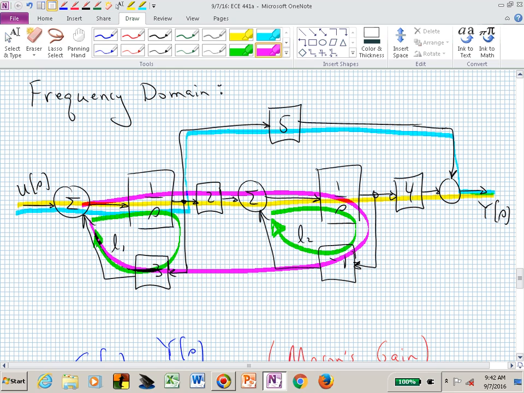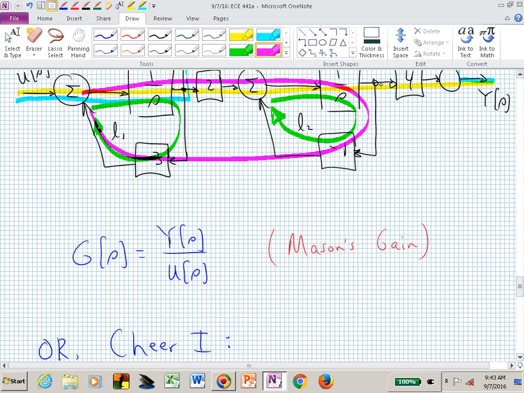But loop 1 and loop 2 do not touch. Meaning if I had a path that was from here to here, I would now have that purple loop, would I not? And in that case, I wouldn't have a triple of non-touching loops. L3 would be touching L1 and L2. Does that help a little bit? It gets a little weird.